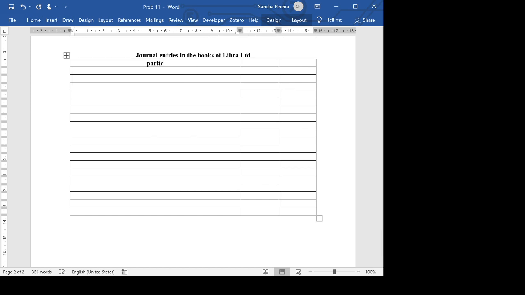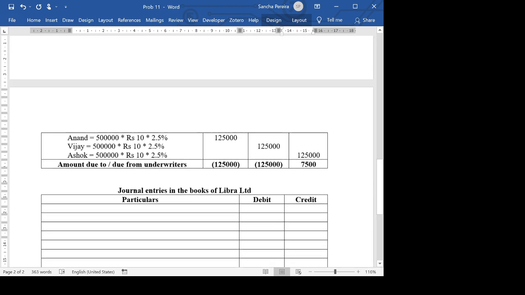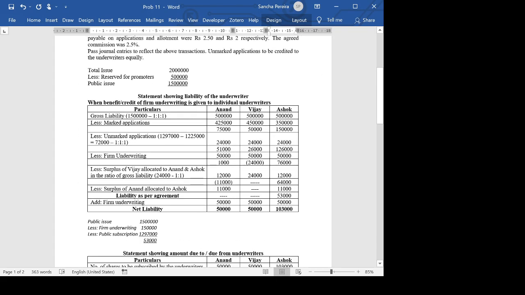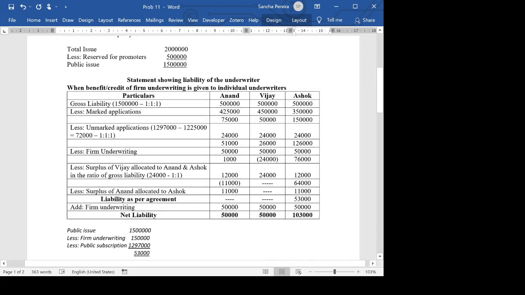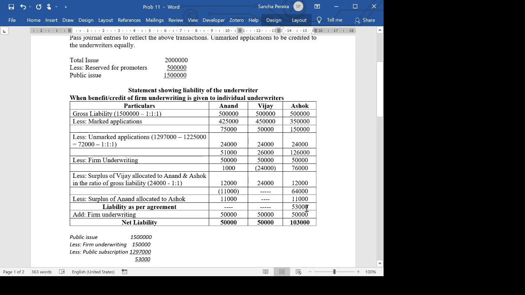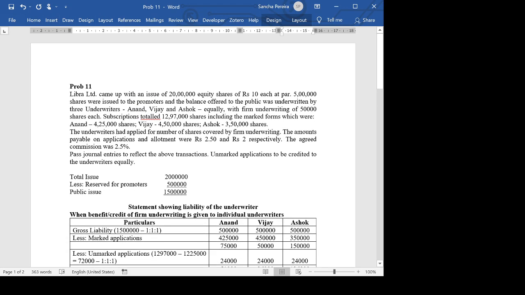Particulars, debit and credit. Okay. Now, just one thing that will be slightly different in this problem is we will have an additional entry because the total issue is actually 20 lakhs.